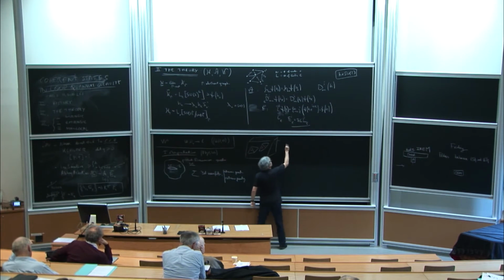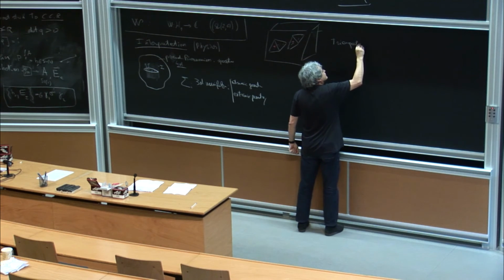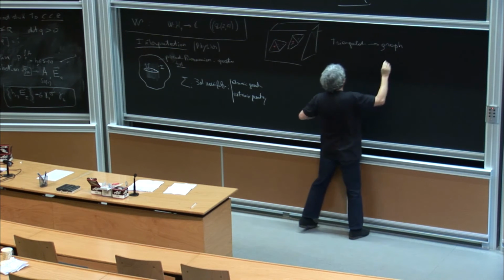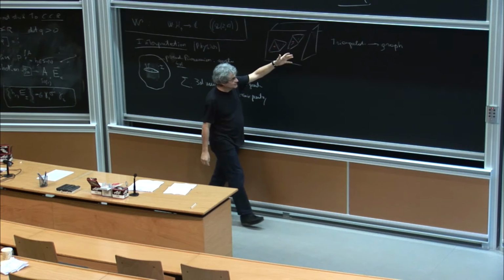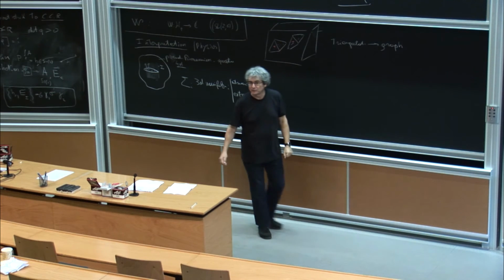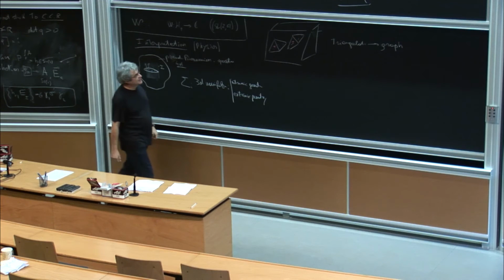So given a triangulation, you have a graph. And in fact, if the triangulation is a real triangulation, the graph is four-valent. If it is an arbitrary cellular decomposition, the graph is not four-valent. Let's say triangulation, four-valent graphs here.